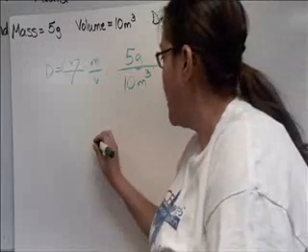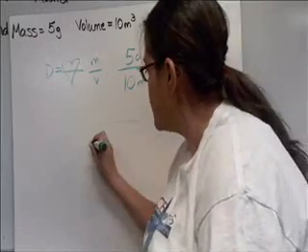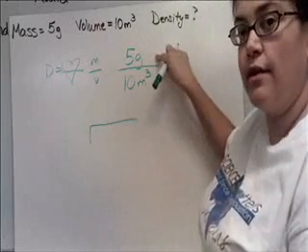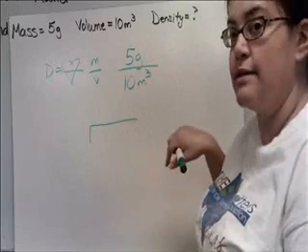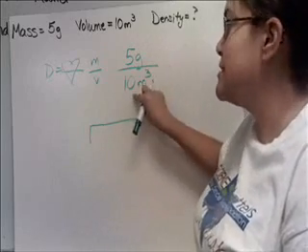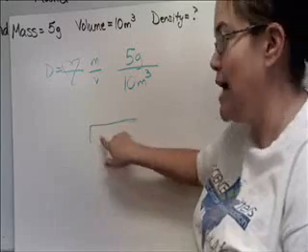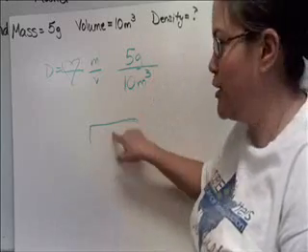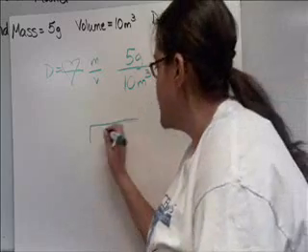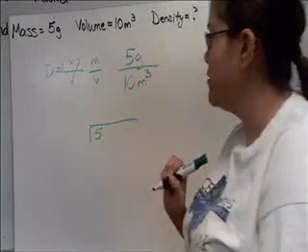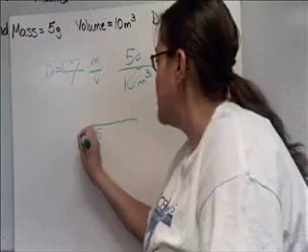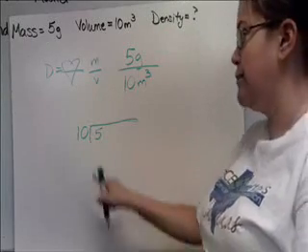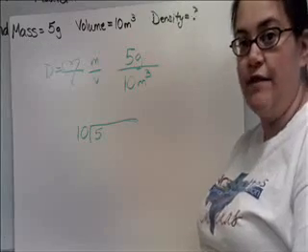So now I'm going to make my division house. And remember, the number on top is our cowboy, and the cowboy always goes inside. So even though 10 is the bigger number, 10 does not go inside. The number on top always goes inside. So our number inside is going to be 5, and then our 10 stays outside. So here's where things might get tricky. How can 10 go into 5?